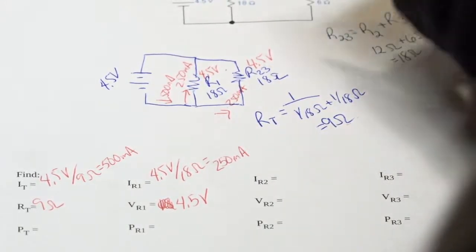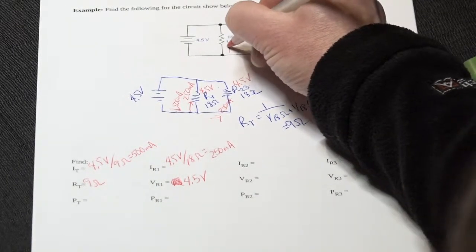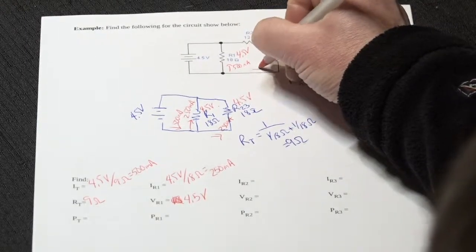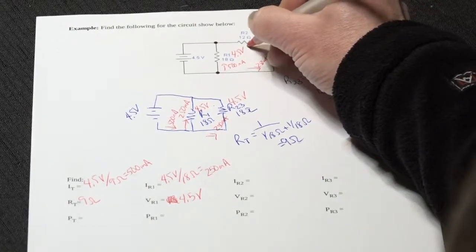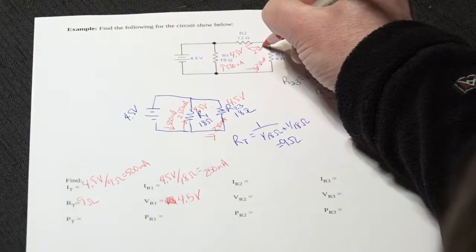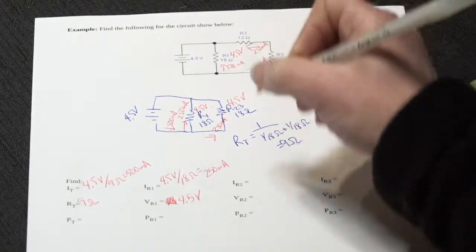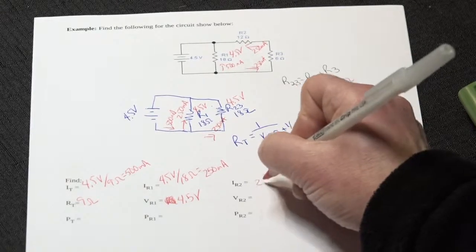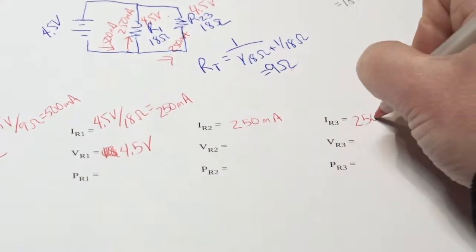So if I draw this up here, I know that this is 4.5 volts, 500 milliamps. We've got 250 milliamps here, and remember that current is also going to be shared by R2, which is 250 milliamps here. And we can write that down because these two are in series, so 250 milliamps and 250 milliamps.